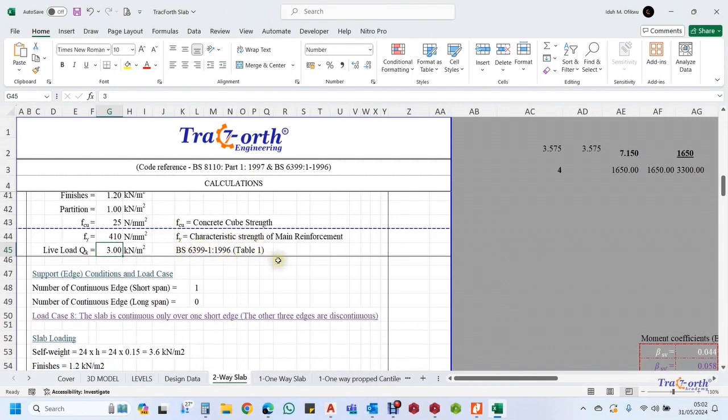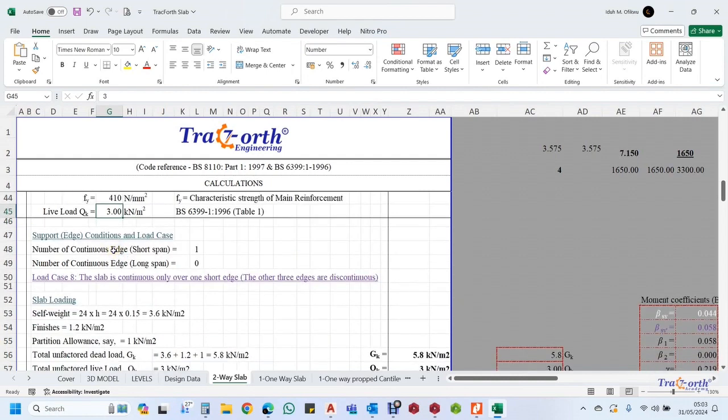Please, on Table 1, you see the various factors. For an office complex, it recommends 2.5, but as a principle, I am making it 3, just to have an adequate provision. So the next thing we are going to check here is the edge conditions.